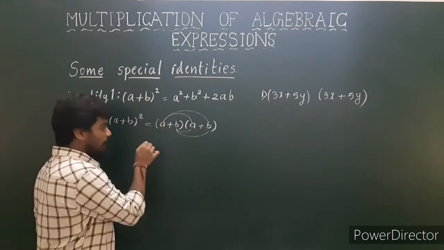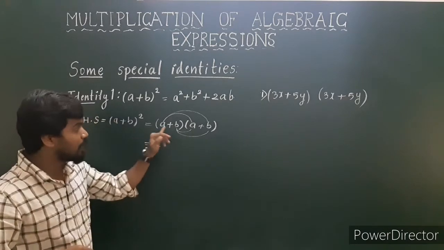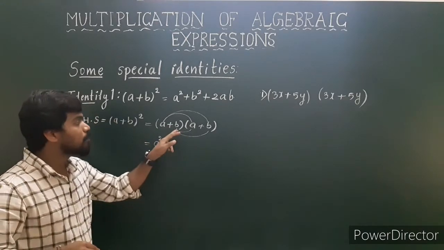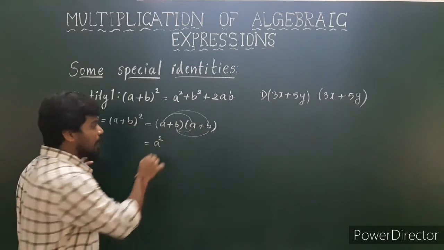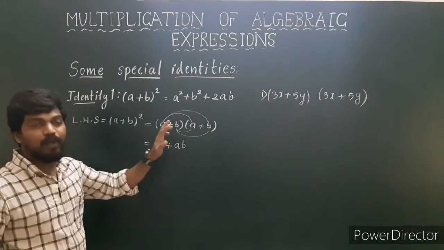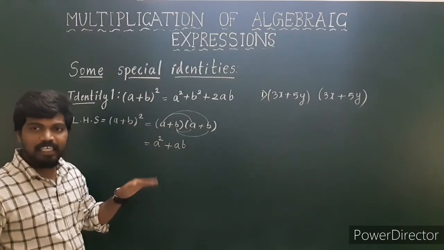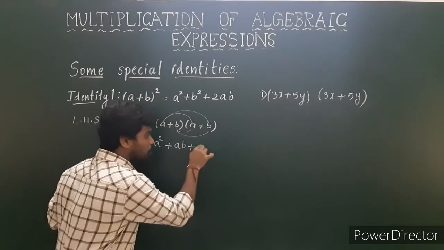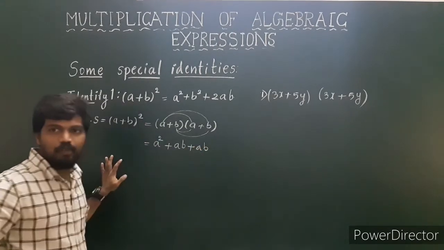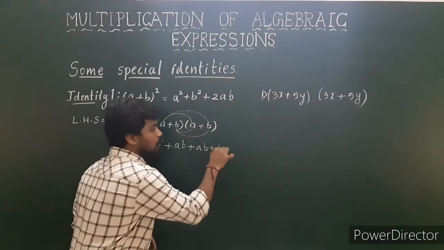So a into a, what do you get? A square. A into b, you get ab. So b into a, you get ba, that is equal to ab. So you write ab one more time. Next b into b, you get plus b square.